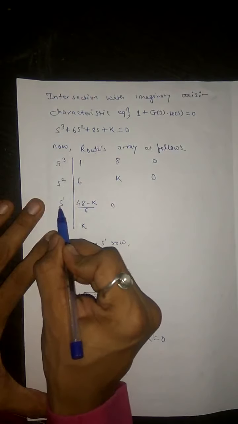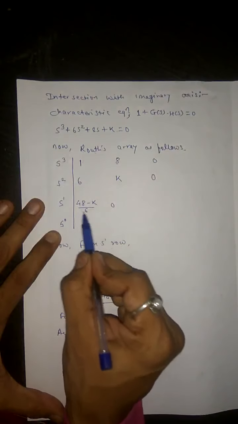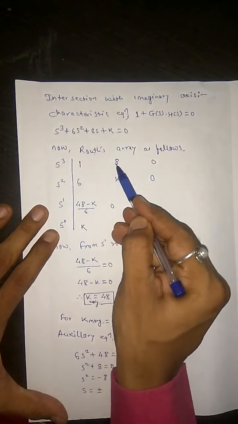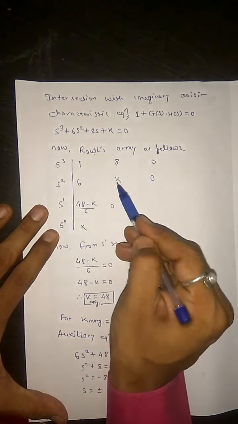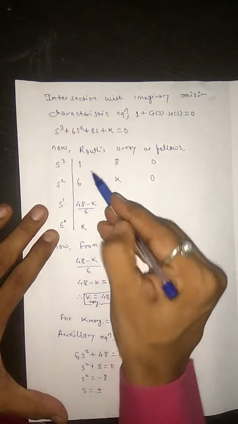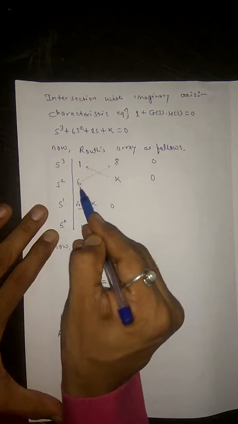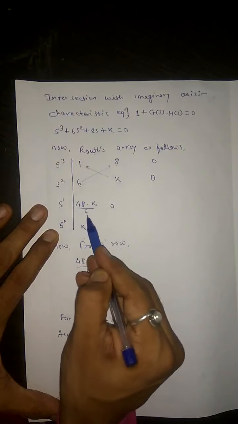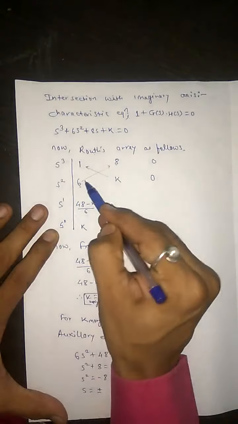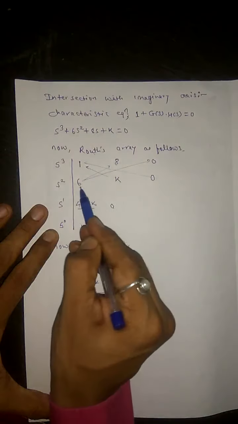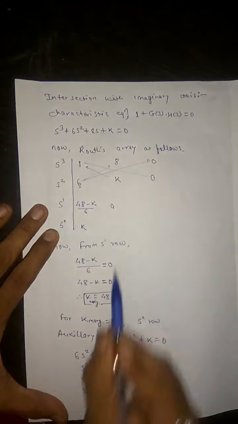Then next is s raised to 1. This term can be calculated as, pay attention here, (6 into 8 minus 1 into k) divided by 6. I repeat, (6 into 8 minus 1 into k) divided by 6. So (48 minus k) by 6. Likewise for this, (6 into 0 minus 1 into 0) divided by 6, ultimately it becomes 0.